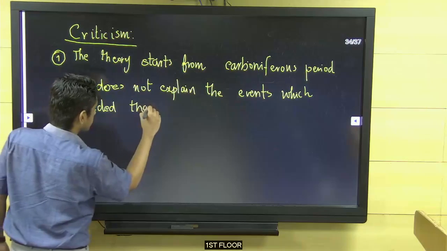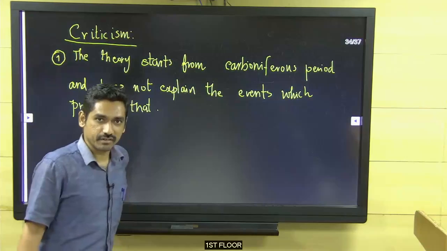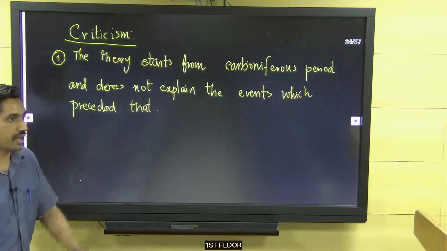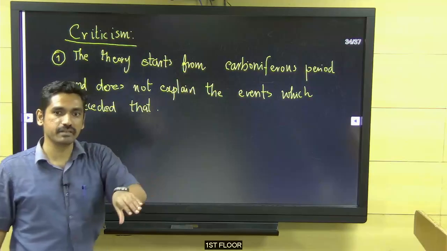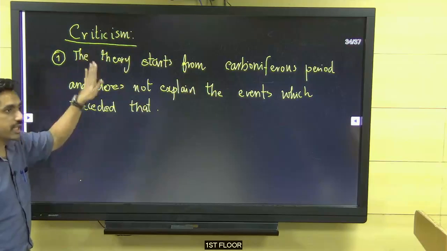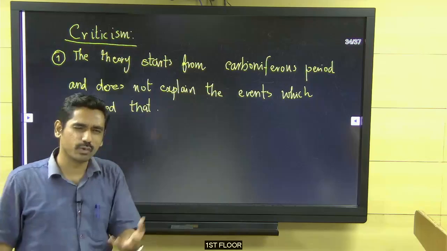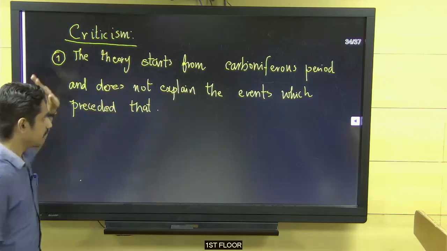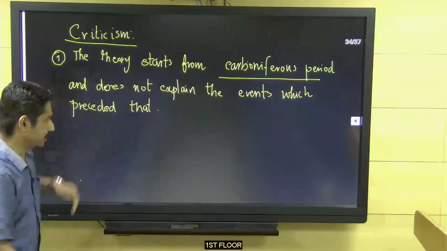See, it's like a person saying on 21st of April, this is what happened. Before 21st of April, we have more than 100 days. You never spoke about that. See, Carboniferous is kind of a middle stage. Before Carboniferous, you had several ages, for example Cambrian, Ordovician, Silurian, Devonian. But he started his theory in the Carboniferous period, which is not correct. He should have talked about the previous eras too.